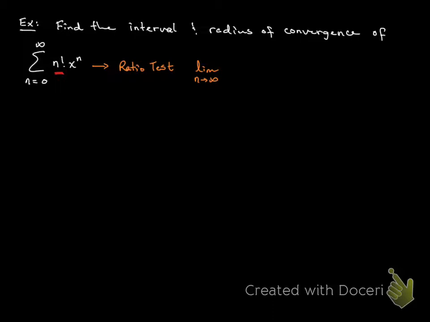So when I set up my limit here, this is the limit of absolute value of, in the numerator, I have the n plus 1 term, which is n plus 1 factorial times x to the power n plus 1. This is divided by the nth term, just n factorial times x to the n. So I'm going to split things apart, of course, and there's going to be some cancellations going on.